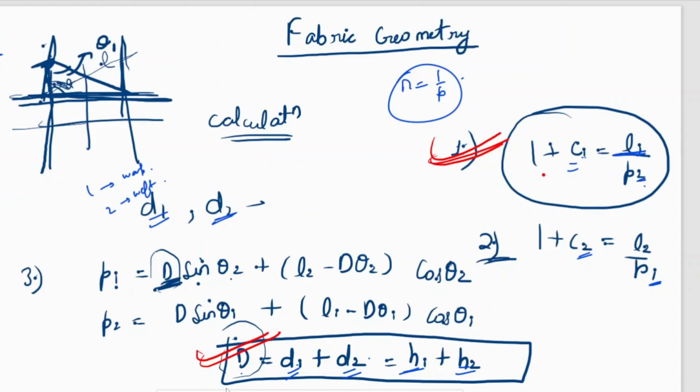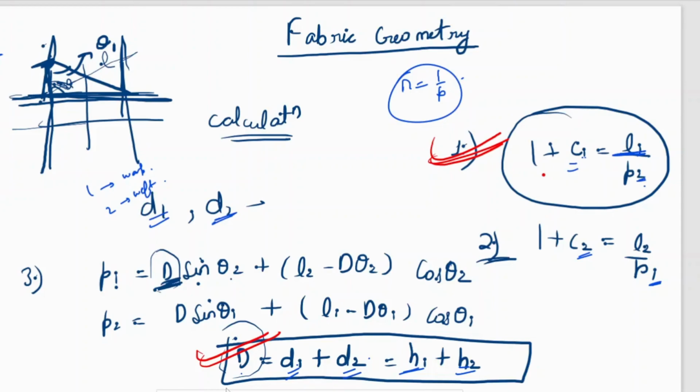Suppose N1 and N2 are given. So warp EPI and weft PPI are calculated. I will be giving you numericals.